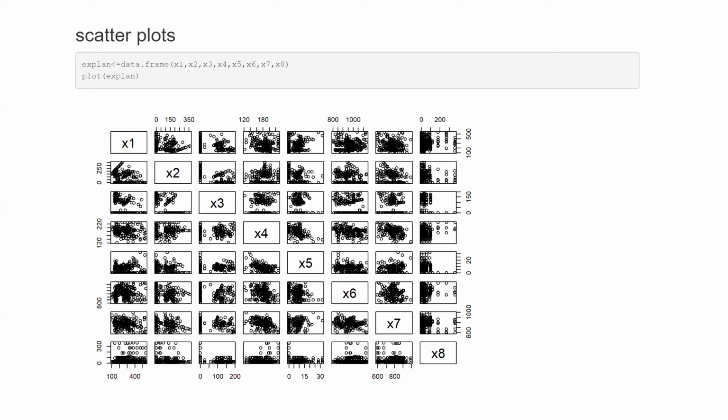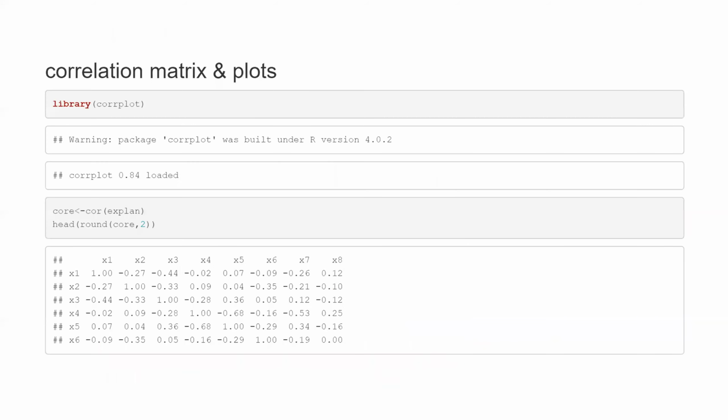We need to identify whether there is a multicollinearity problem here. From the scatter plot, we cannot see very clearly if there is any multicollinearity problem. So I compute the correlation matrix and plot the correlation matrix here.